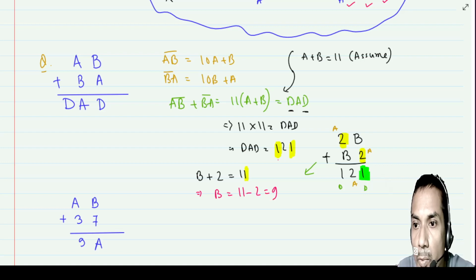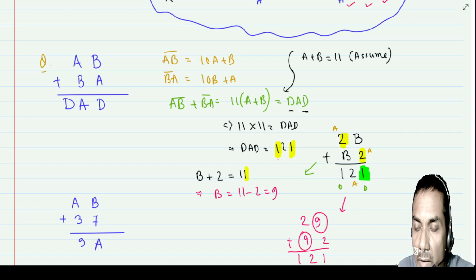Now if we put the final value, B is actually 9, then it is 2, it is 1 2 1. Now check whether it is satisfied or not. 9 plus 2 is 11, so carry forward 1. 10 plus 2 is 12. So it is correct.